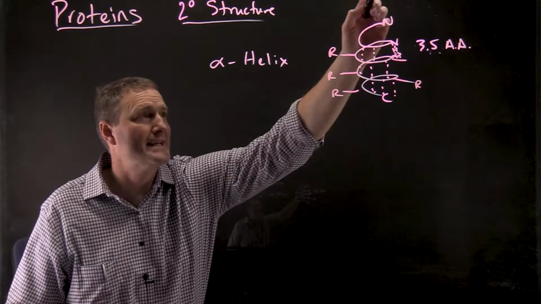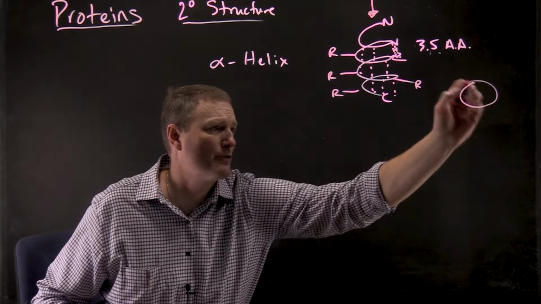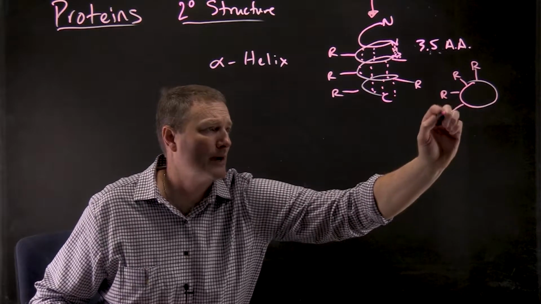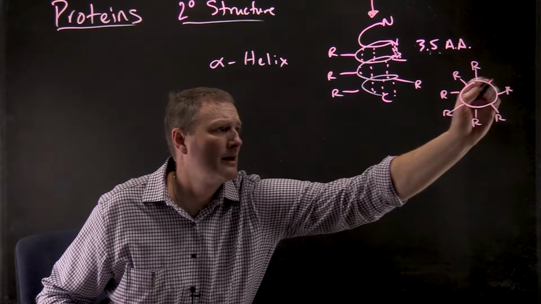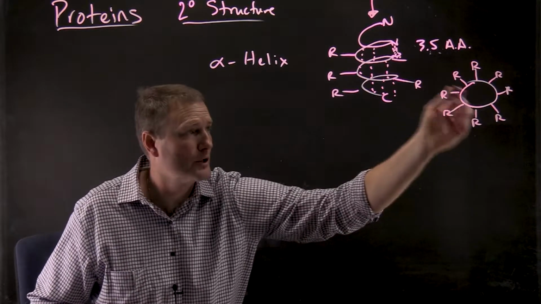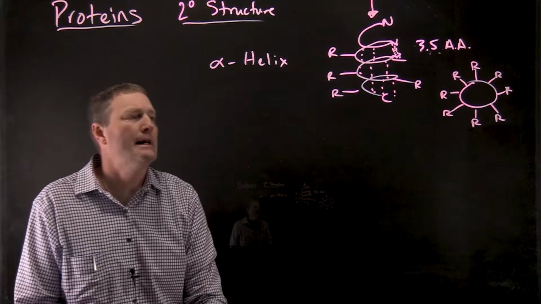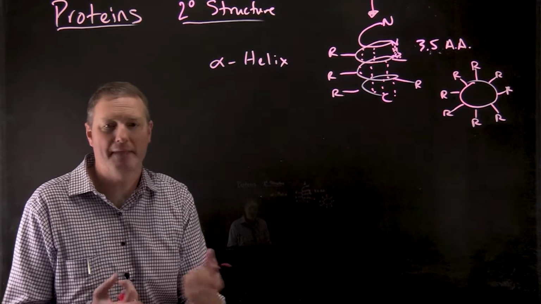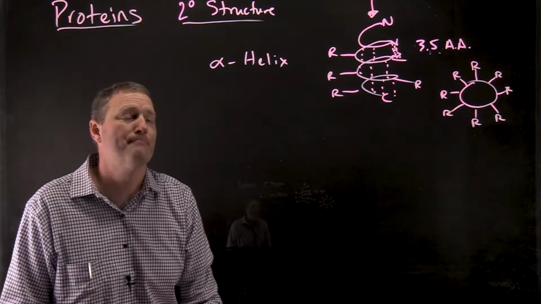If I were to sight down from the top of this helix and redraw this, the R groups radiate out around the helix, and there would be a very small opening or pore going straight down through the middle of that helix. Now it is quite small, but that's the overall structure of an alpha helix. They can be between 8 amino acids up to maybe 40 or 50 amino acids. They can be quite long.